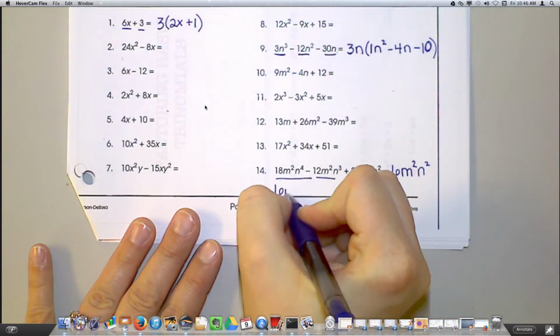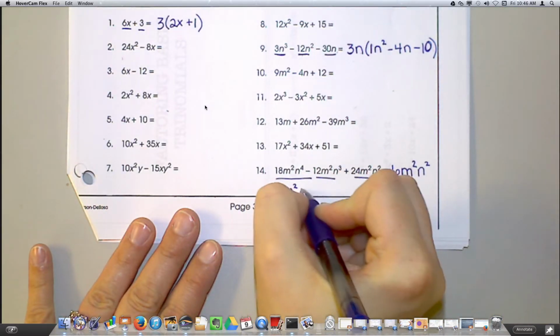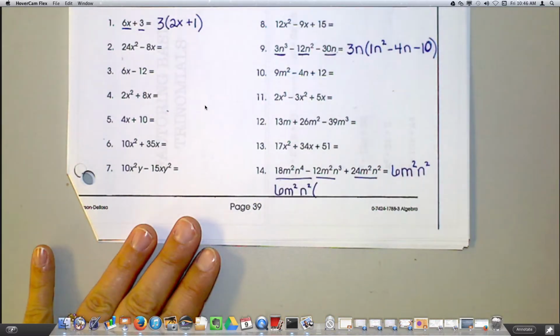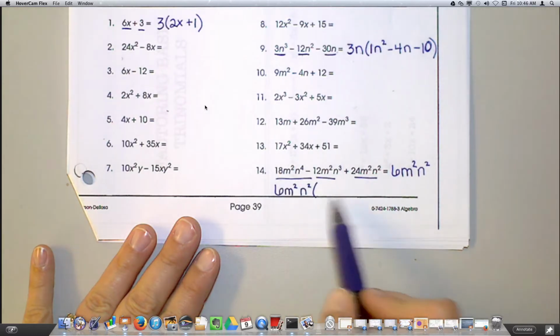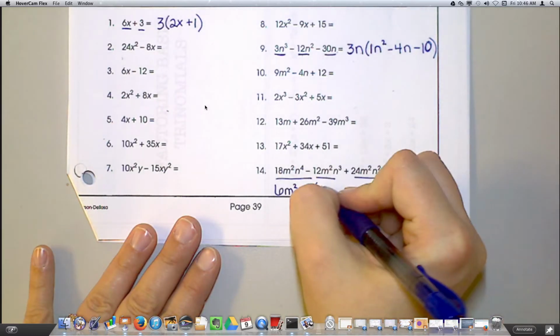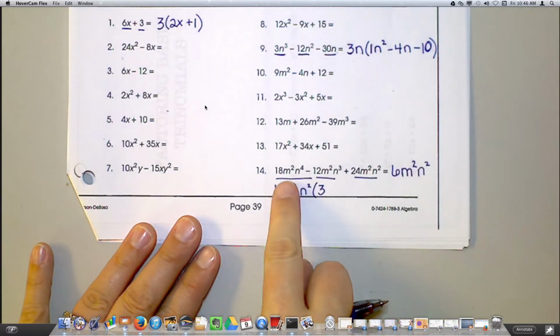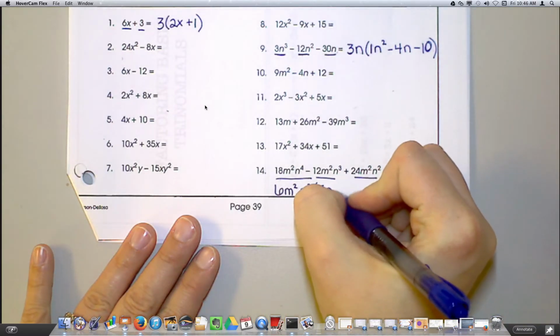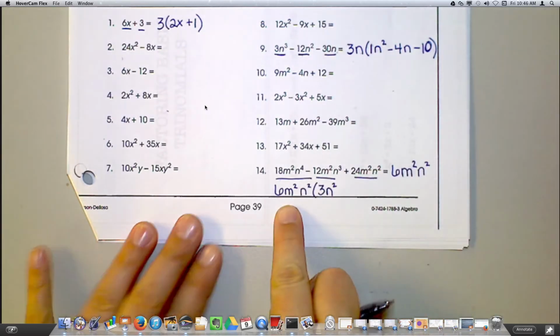So this is 6m squared n squared. Now I'm going to figure out what's left. 6 times what makes 18? 3. And then I took 2m's, so do I have any m's left? No. And I took 2n's, so I would have 2n's left. So this is what I'm taking from everything.